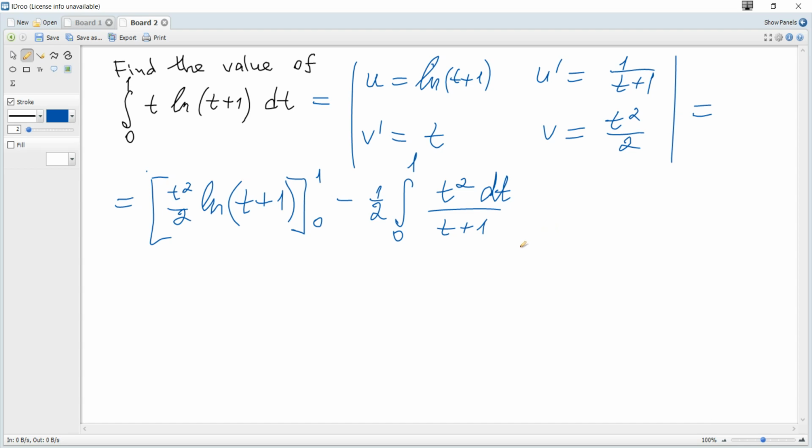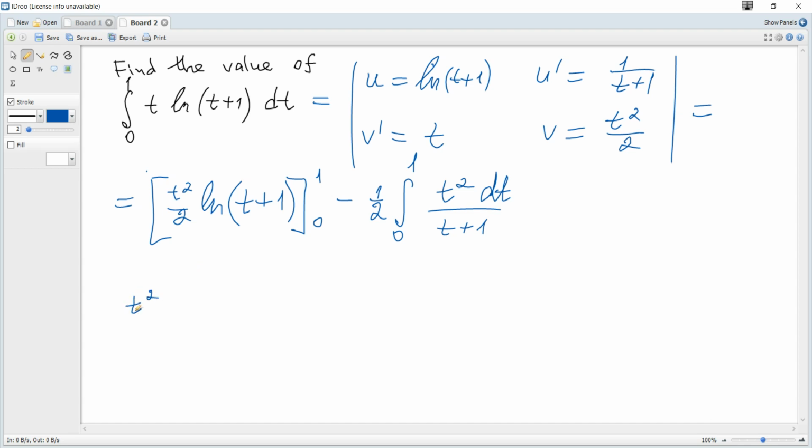And how to calculate this integral? We can see that it looks like polynomial divided by polynomial. So to find the integral, we should apply partial fractions to split it into more simple fractions.